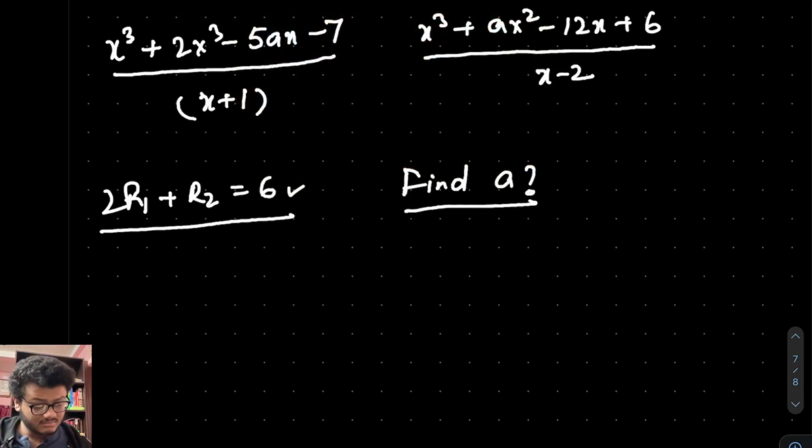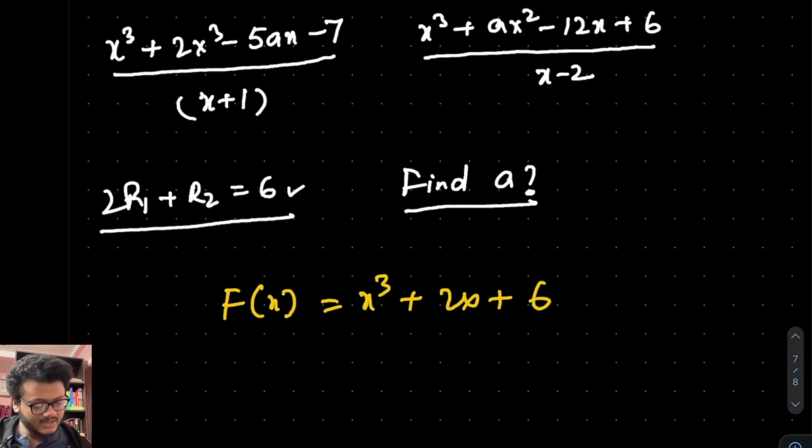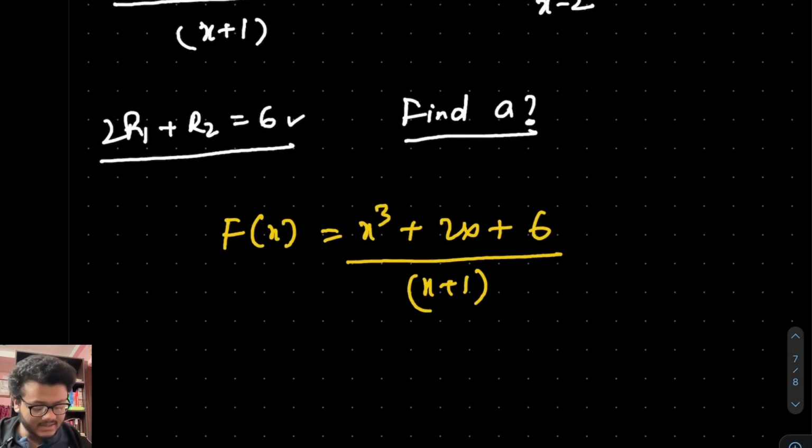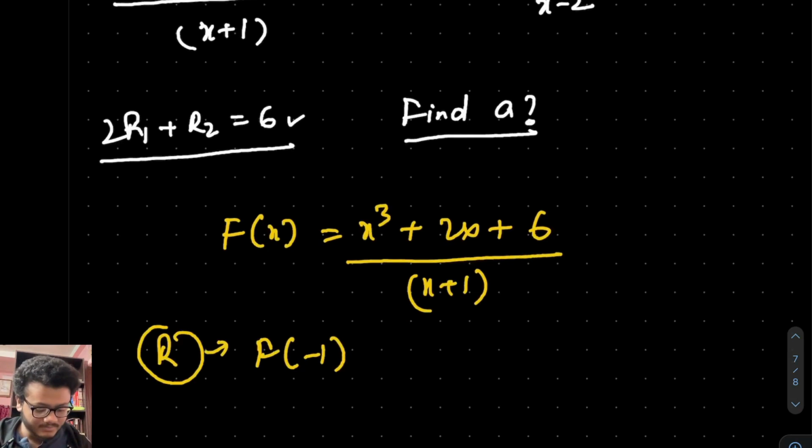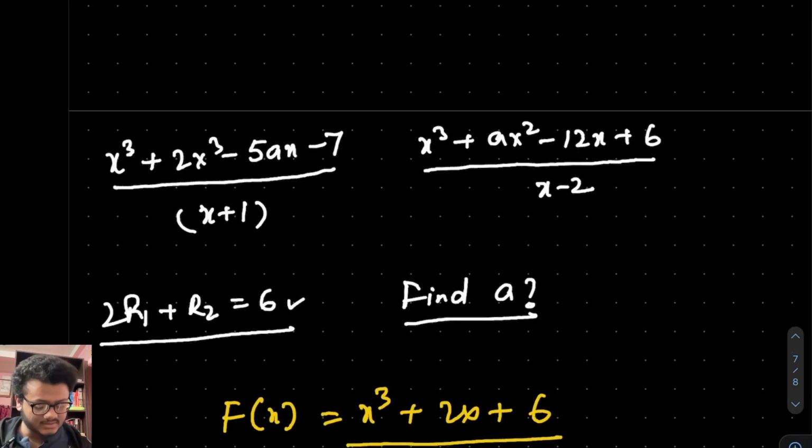We know that, for example, f(x) is a function of x and its value is this. So when it is divided by x plus 1, we do not actually divide by x plus 1. From the remainder theorem, we know that its remainder will be equal to f of minus 1, because x plus 1 equal to 0 gives x equal to minus 1. So we will use a similar concept here, okay?